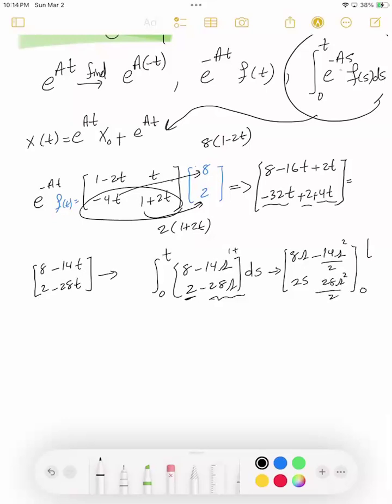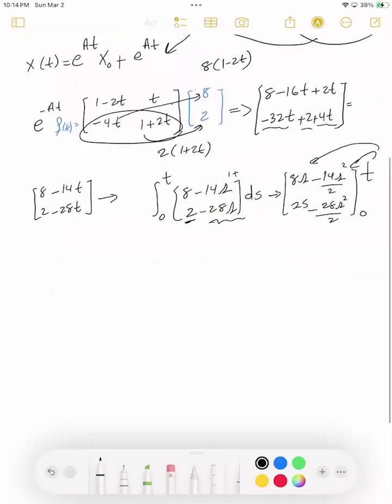We evaluate it from 0 to t. When I substitute t, all of them become t. When we substitute 0, we just get 0. The only thing we are left with is 8t minus 7t squared, 2t minus 14t squared.